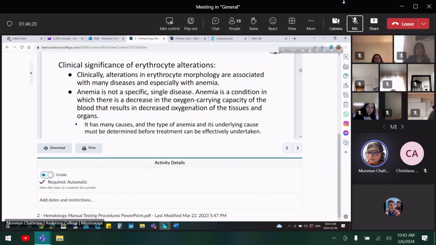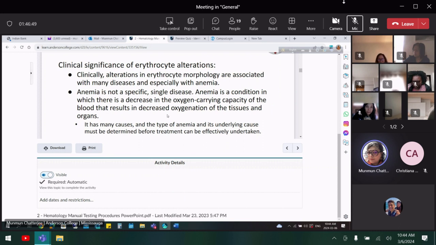What are the causes? Maybe there is a problem in the total number of RBC. Maybe there is a problem in the iron loading. Maybe there is a problem from a different structure, like B12 pernicious anemia, which helps in the production of the combination of the hemoglobin to the oxygen, or the iron molecule to the heme attachment to the globin protein.